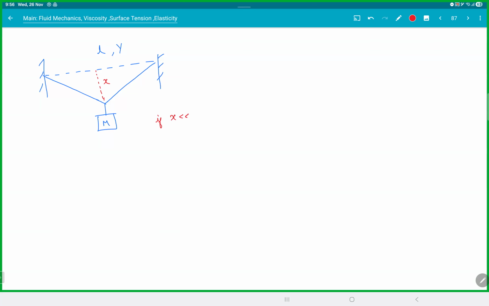If x is much smaller than L, find x. Remember this question? We had a rope of length L tied between 2 walls. You hung a block in the middle and it got depressed by x. The wire is massless. Find x. You can take other values you want. A is the area of cross section, Y is the Young's modulus, L is the total length.